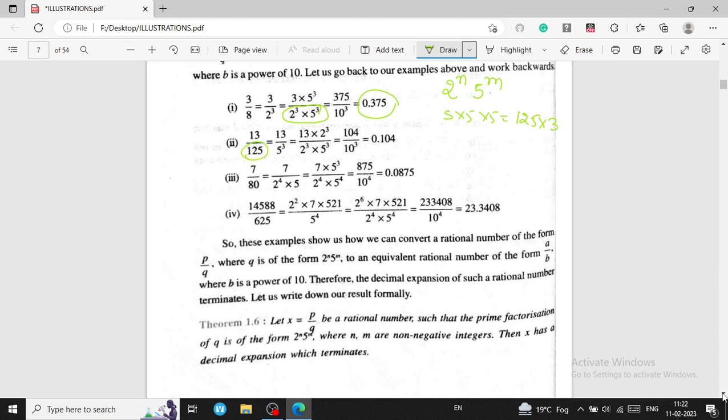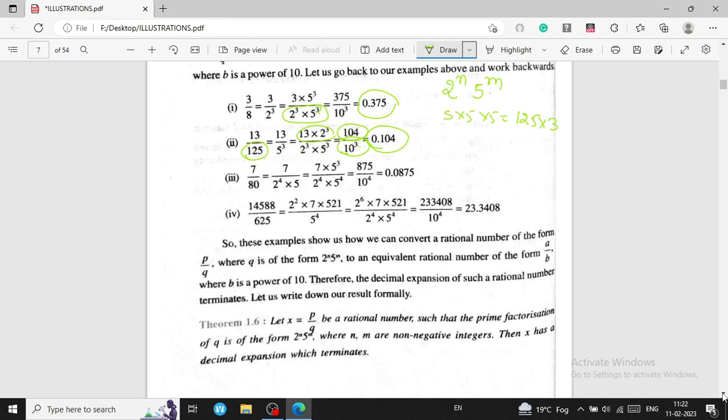Here we have to complete 10 raised to power 3. For completing this, we will take 2 raised to power 3 in the denominator and numerator. And after solving this, we will get 104, and the denominator will be multiplied, 2 5s are 10 and power 3, and after solving this we will get 0.104.